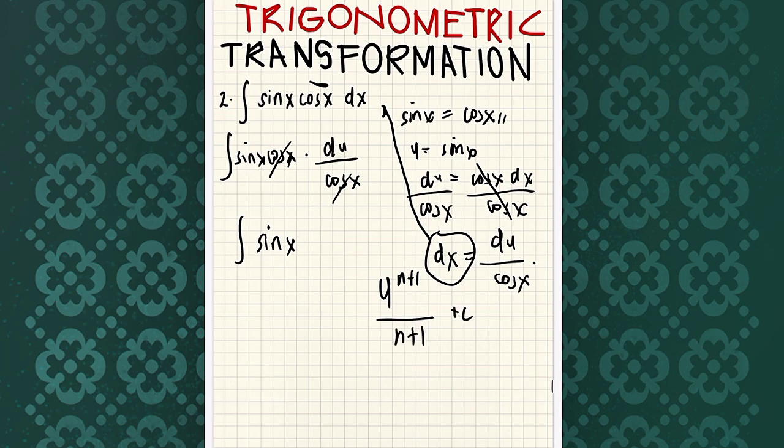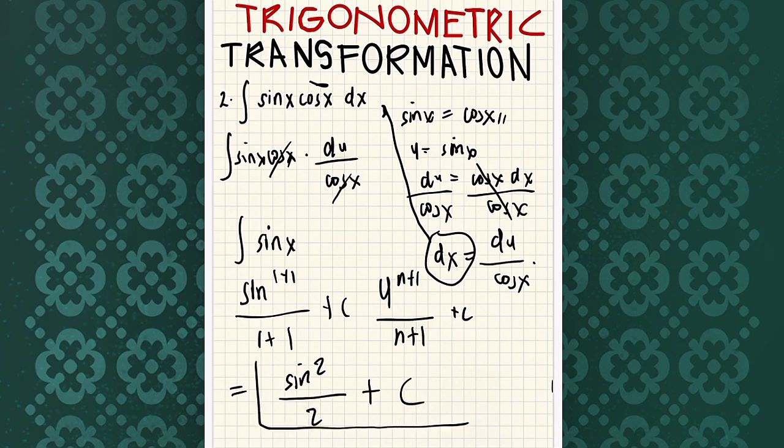So this will be u raised to 1 plus 1 over 1 plus 1 plus c, which gives the answer sine squared x over 2 plus c. This will now be our final answer if we use u substitution.